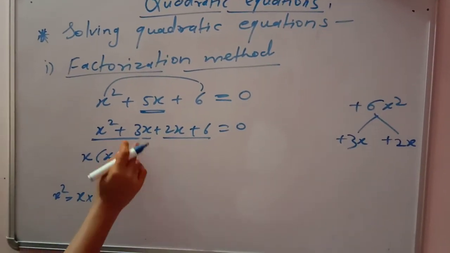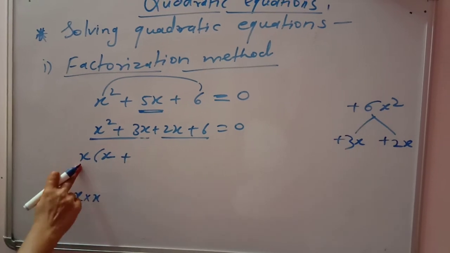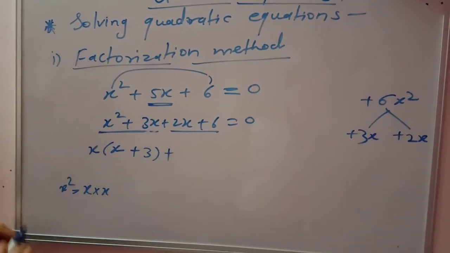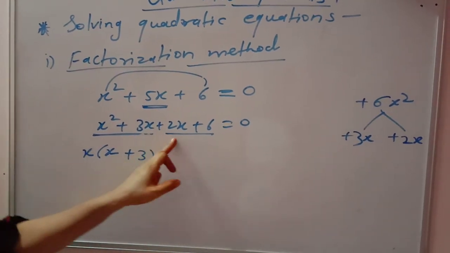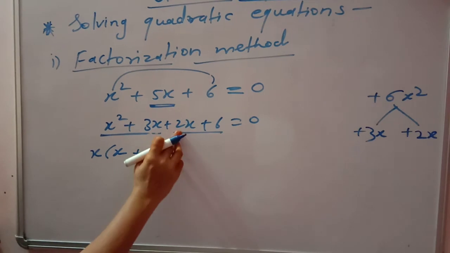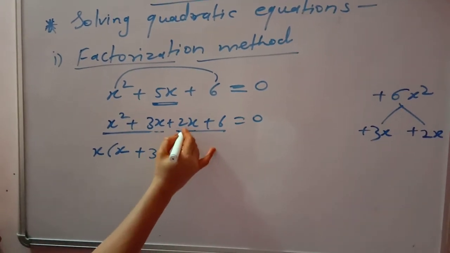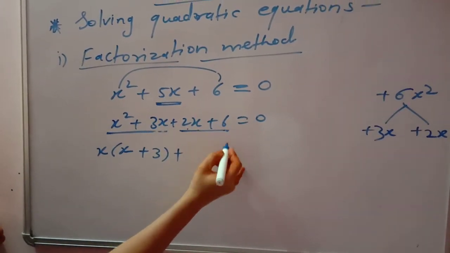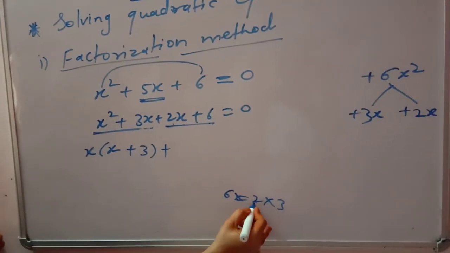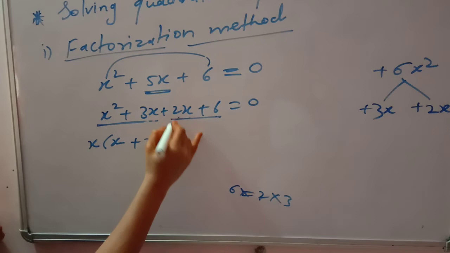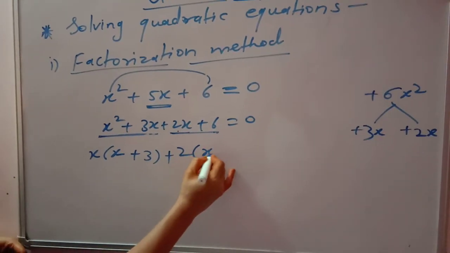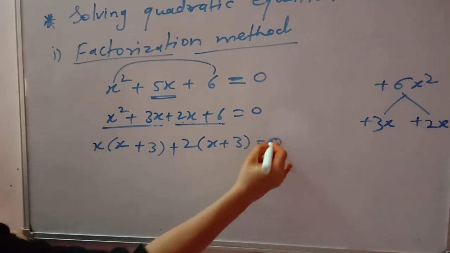X plus, from 3x also I have taken x outside, and therefore it is plus 3. Now 2x plus 6 is another group. So what is common here? The factors of 6 are 2 multiplied by 3, so we can take 2 outside. Take 2 common: x plus 3, equal to 0.